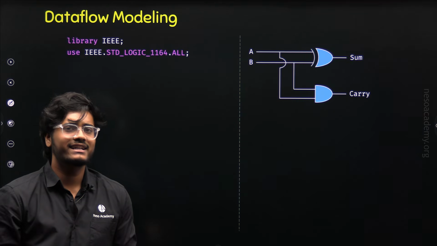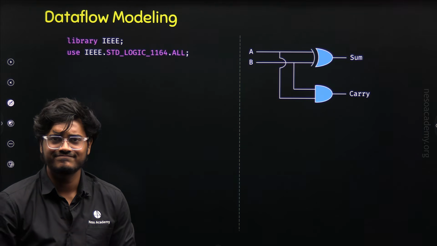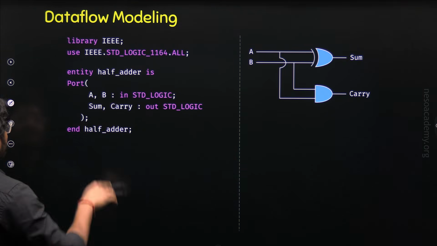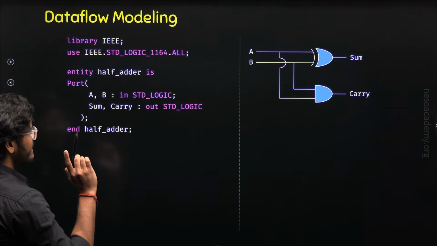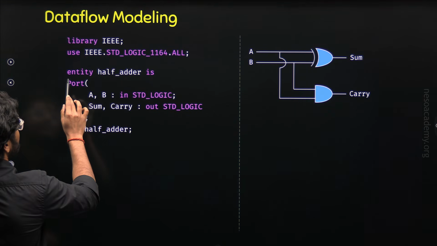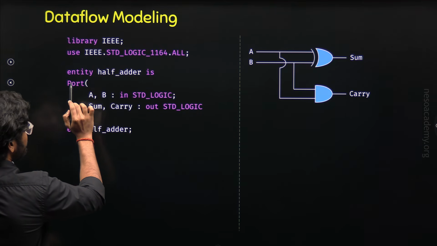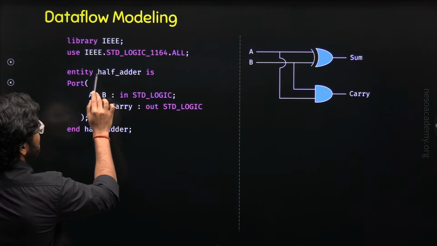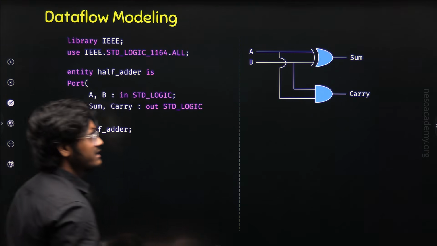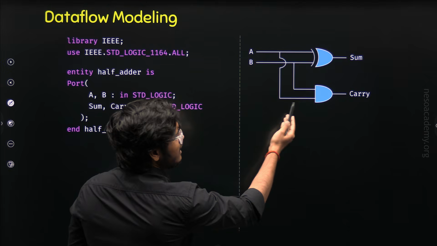After library declaration, what comes next? Entity declaration. Inside the entity, we will declare the input and output ports. Entity starts with the keyword entity, and here I am naming this entity half_adder because we are writing the VHDL code for this half adder.